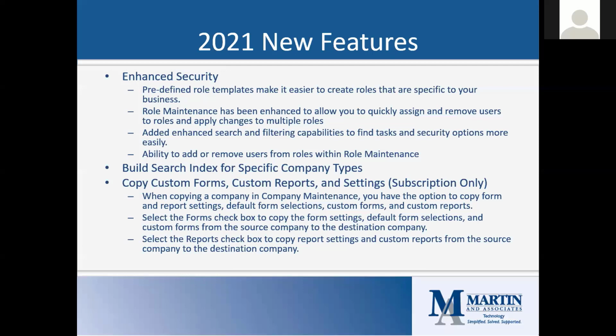Now in 2021, you also have the option to copy report settings over as well. So if you have specific report settings out there on some of your standard Sage 100 reports, you can copy those over to the company you're copying to. And this feature here is a subscription only feature.